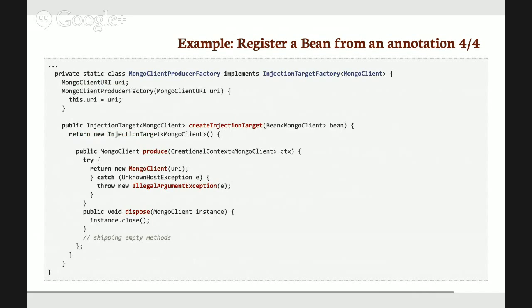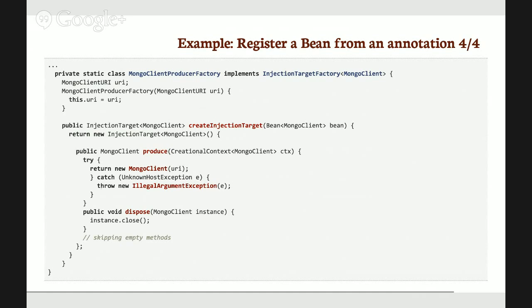So we have a constructor with the MongoClientURI here. We create the injection target because it's a factory. The injection target provides a way to instantiate a new Mongo client. So we have the instantiation here, return new MongoClient, using the URI that was given in the annotation.